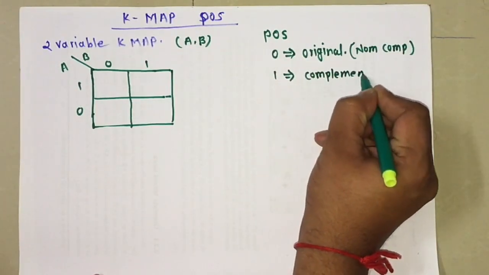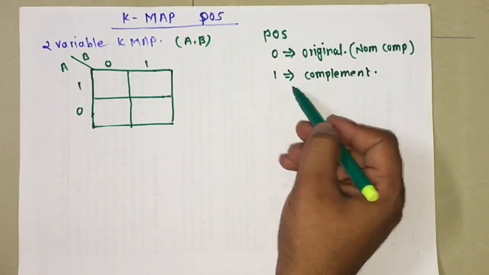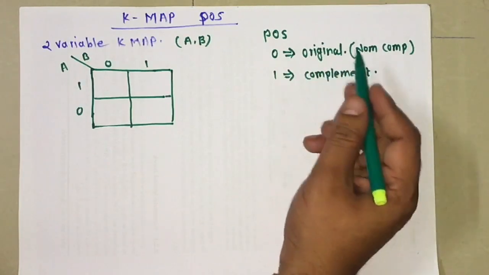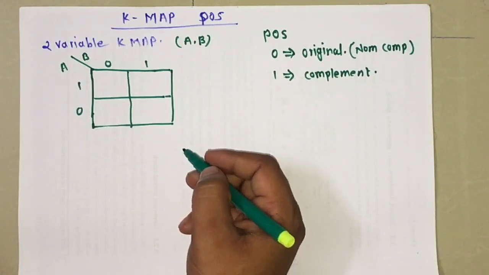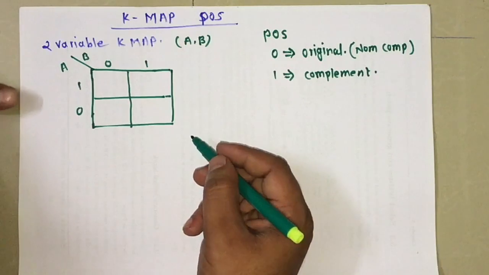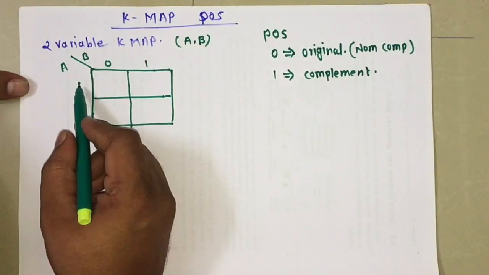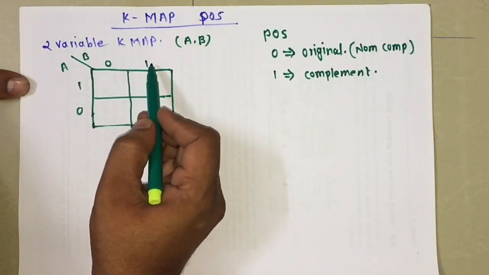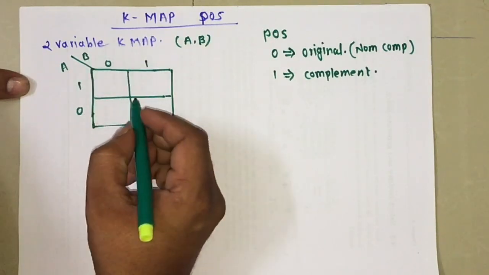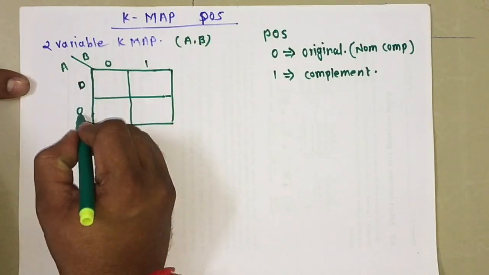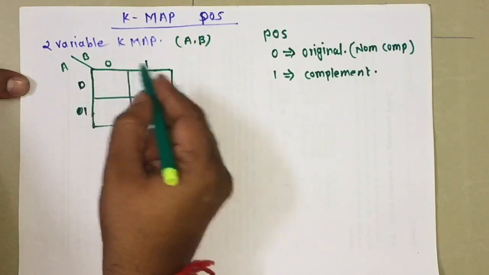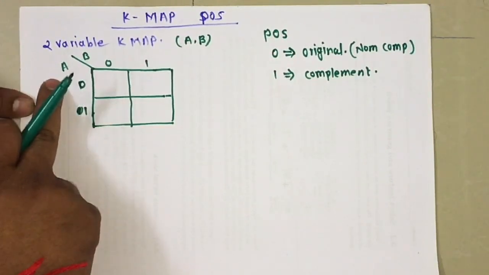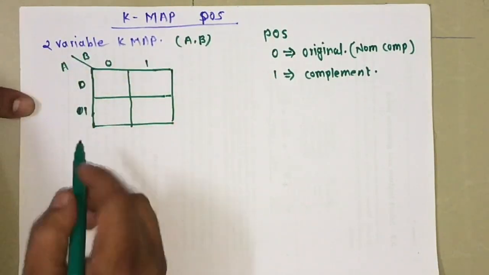Complement. Okay, that is opposite to what is used in the SOP type of equation. So here this 1 and 0 are the values of A, and this 0 and 1 are the values of B. Sorry, here also the sequence is 0 1 0 1. So this side will indicate the value of A, and this side will indicate the value of B.